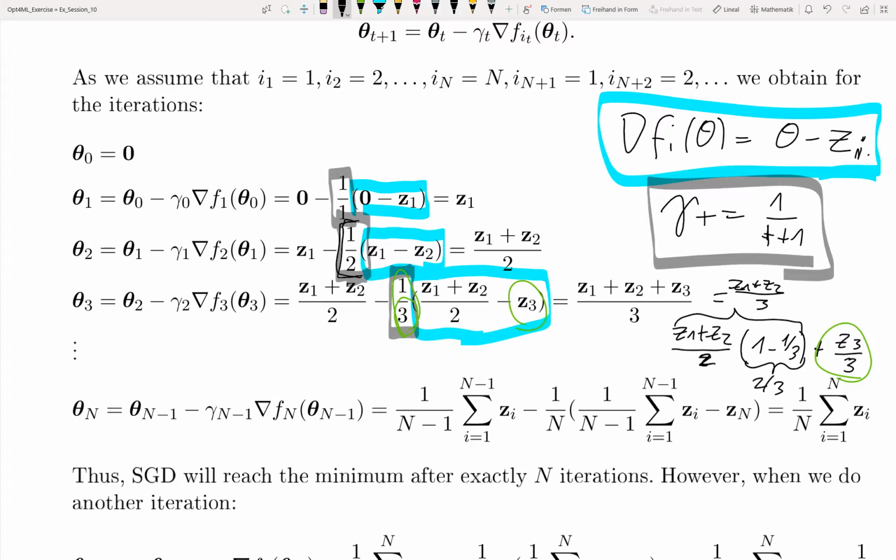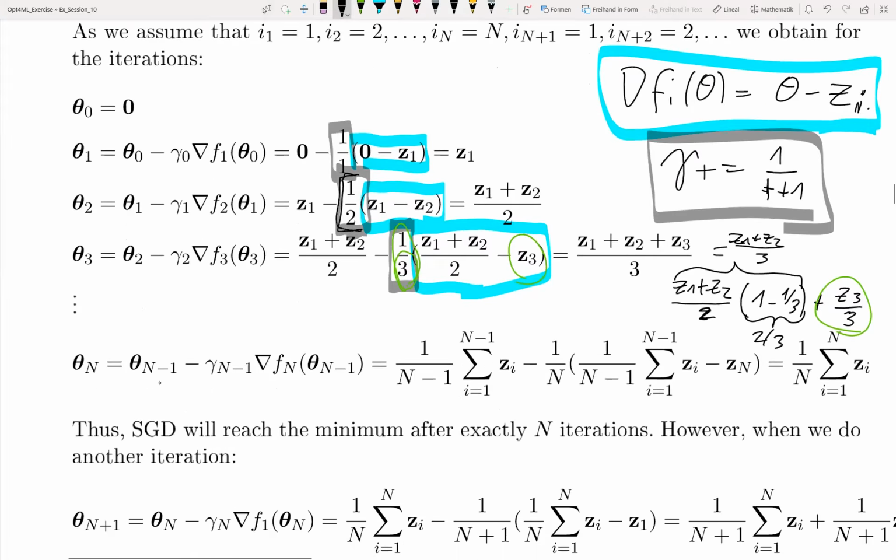So we can also make it quite general for the general case. In the n-1 position, we will be at the point of all the zi's except the nth one divided by n minus 1.